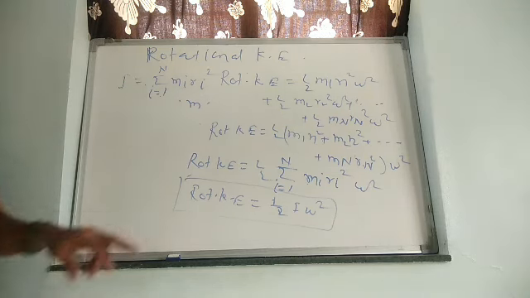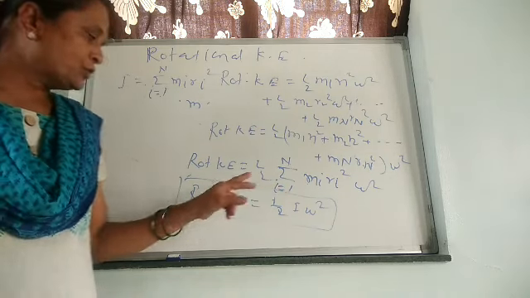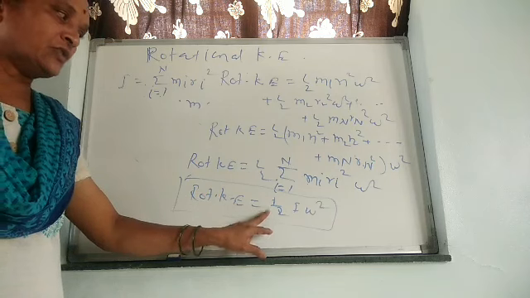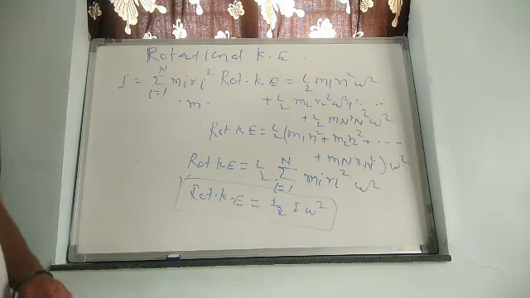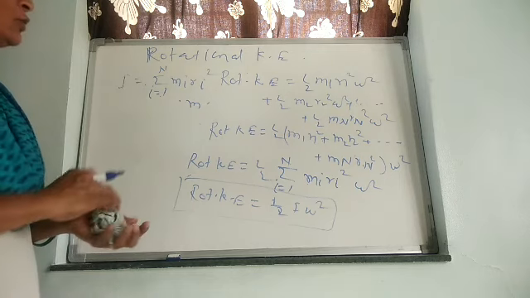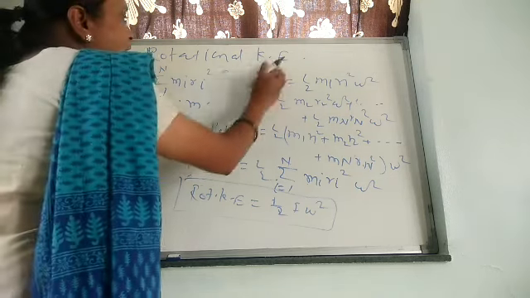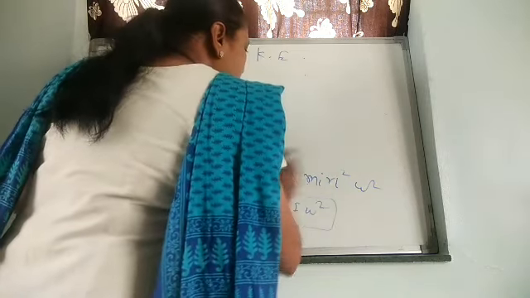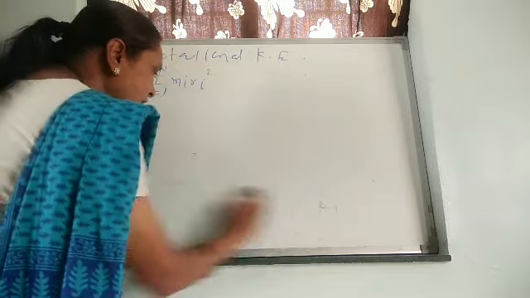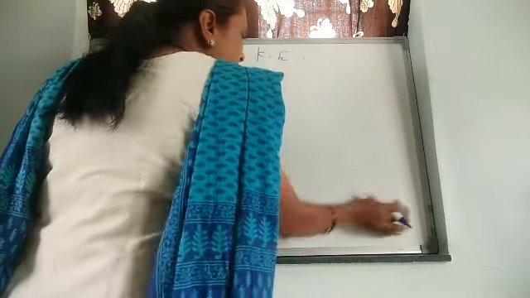Here a question can be asked: derive an expression for rotational kinetic energy. At that time you have to prove that rotational kinetic energy is equal to 1/2 I omega square. Here this moment of inertia I is equal to summation i from 1 to n of mi ri square. Sometimes a question can be asked like this: define moment of inertia and state its units and dimensions.